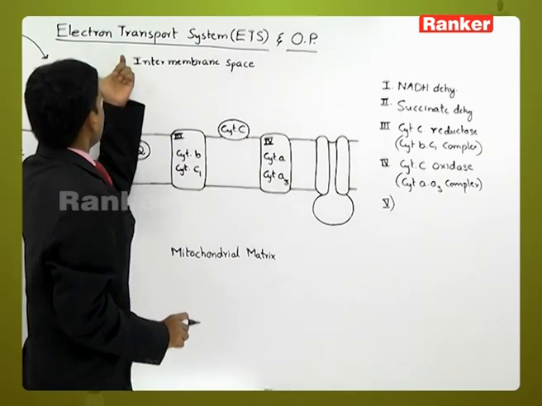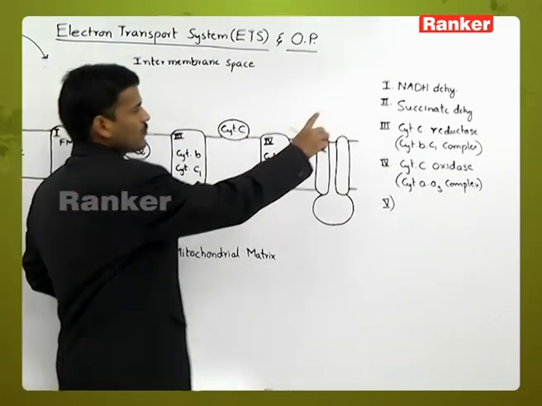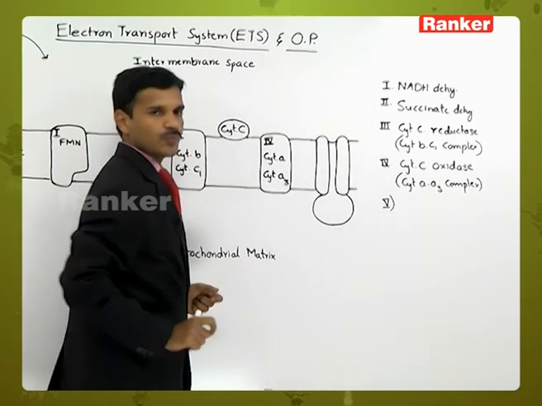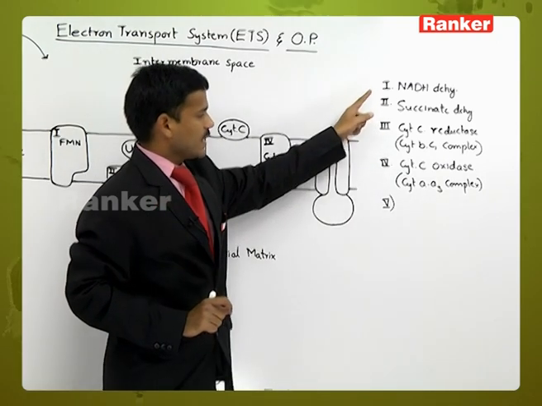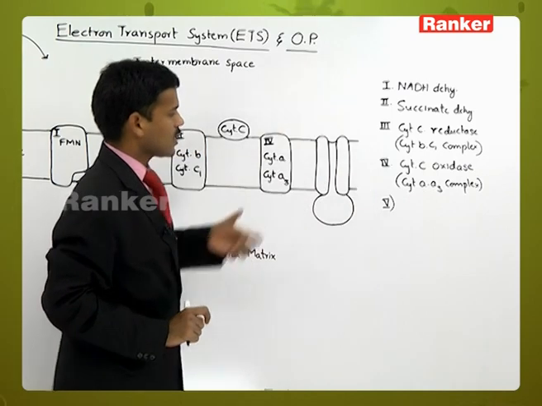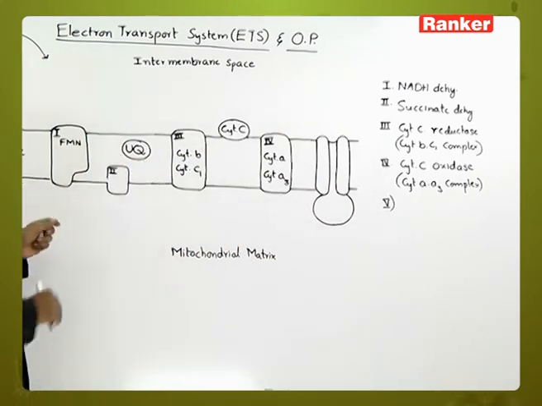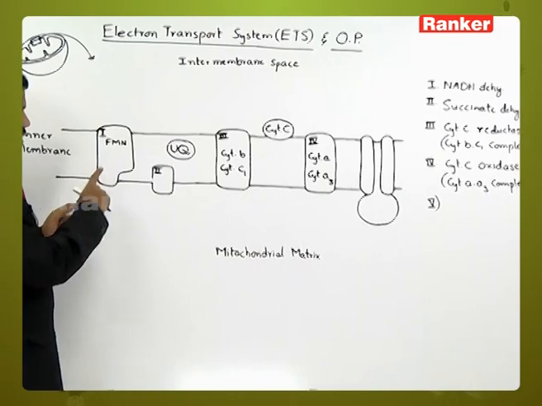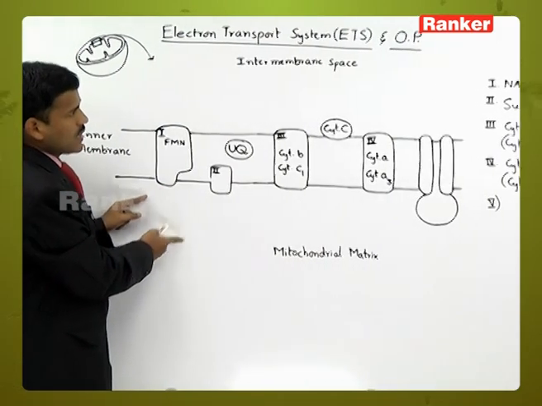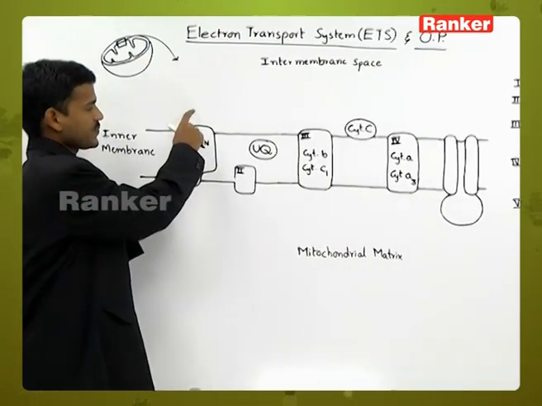In the electron transport system, only 4 protein complexes or enzyme complexes are involved. These enzyme complexes are present on the membrane. The first complex is exposed to the mitochondrial matrix and the intermembrane space.